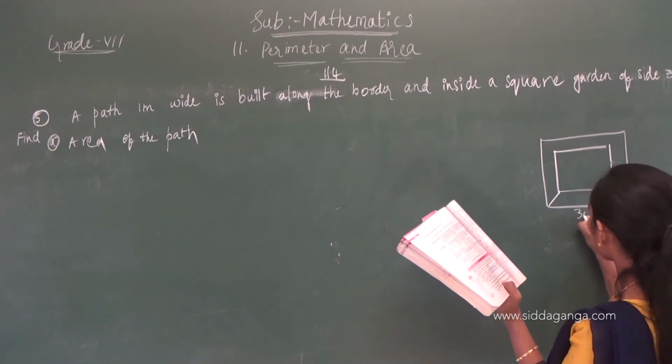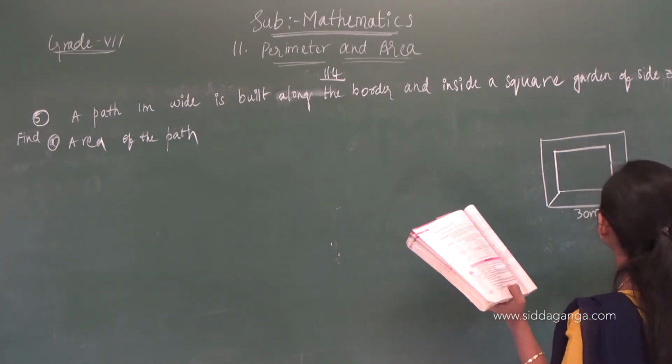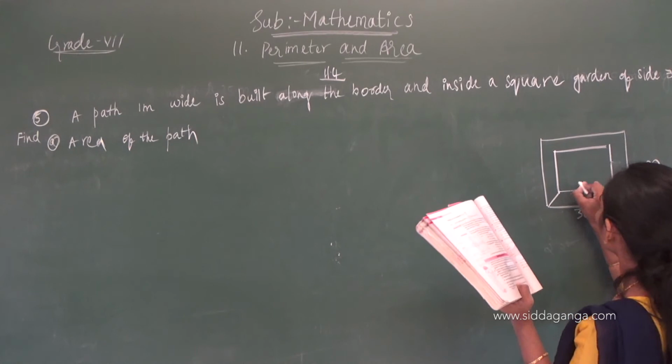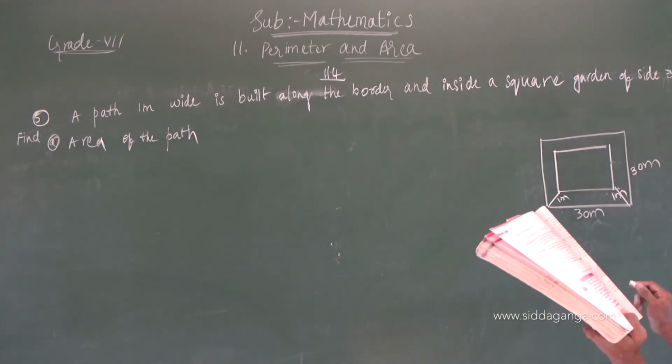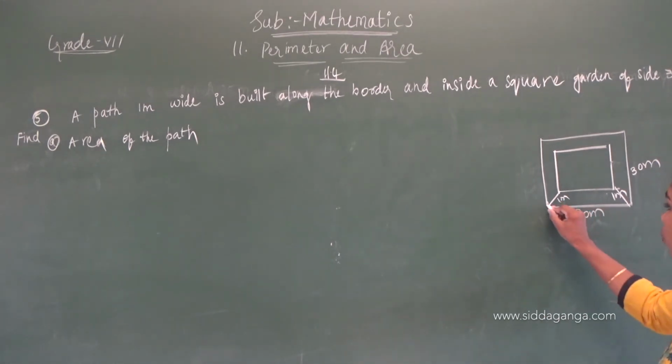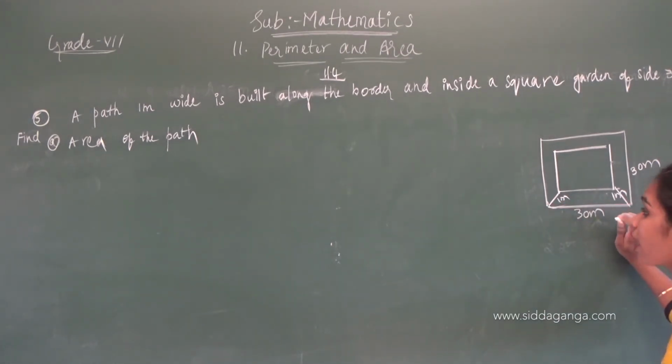These dimensions they have given. We have to find the first outer square values; they have given that the length of each side is 30 meters. Here also 30 meters.